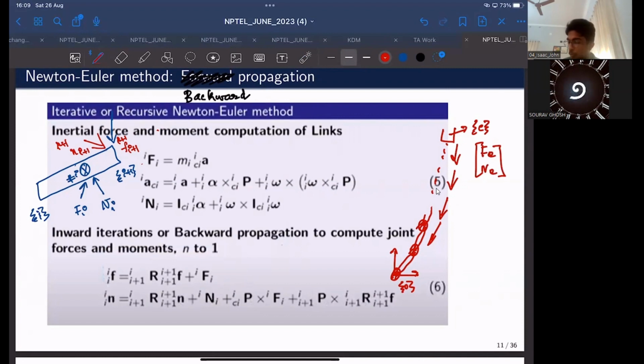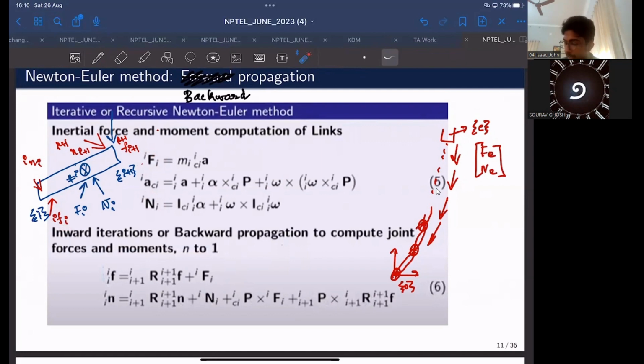If you do a force balance, the force acting on the ith frame is IFI, and we also have small fi and small ni, because the capital F and capital N denote the inertial terms, and small f and small n denote the forces and torques acting on the joints.